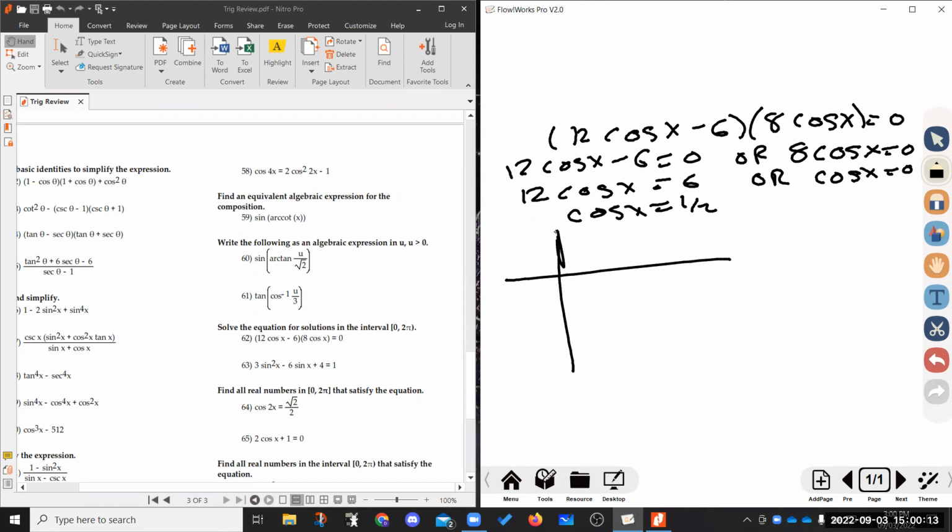So cosine is 0 at pi over 2. Does it say? Yeah, it says to answer in radians because it says 0 to 2 pi. So pi over 2 or 3 pi over 2. Now we need cosine to be 1/2. So that's going to be at pi over 3 or 5, 2, 3, 4, yeah, 5 pi over 3.